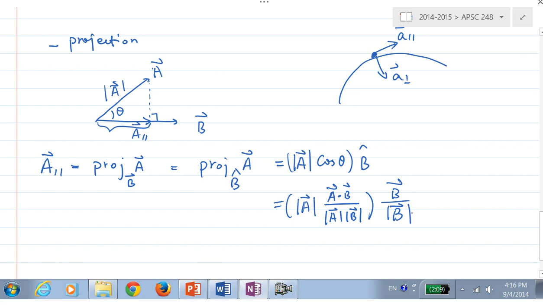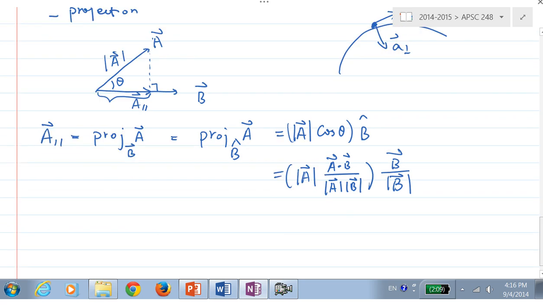So that's all the information based on A and B. Then you can simplify this and cancel some things out. What can we cancel? This A and this A can cancel, since they are two magnitudes, two values. I don't think you can cancel anything else now.